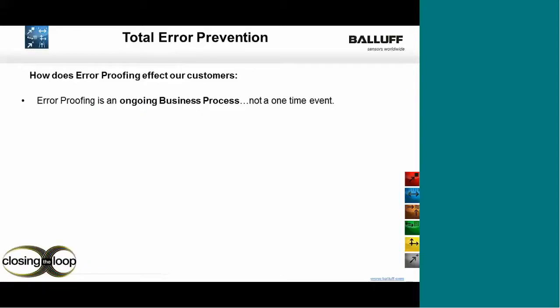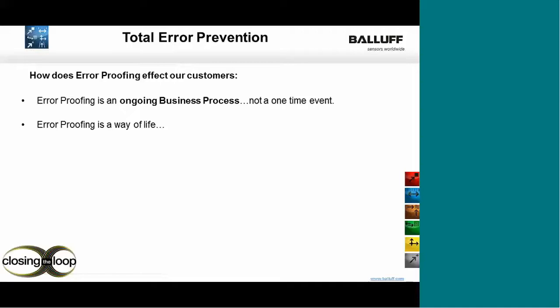So how does error proofing affect our customers? Error proofing is not a one-time event. This is an ongoing process that's adopted by all manufacturing. This is something that our customers are continually looking to do and to improve.